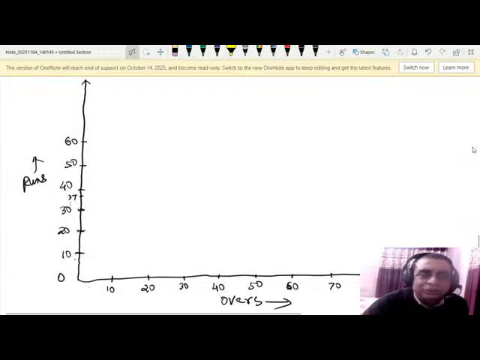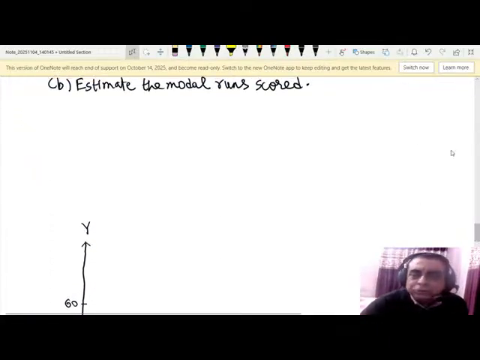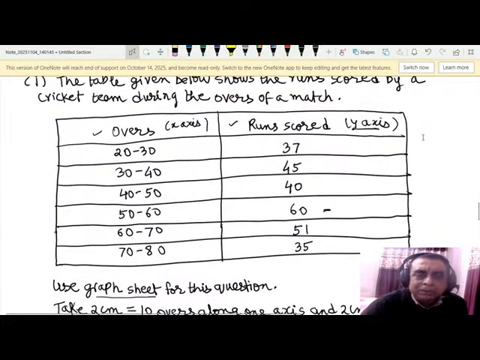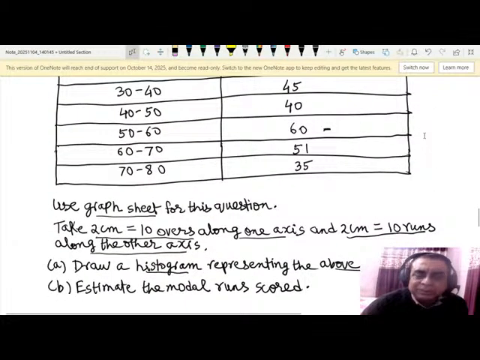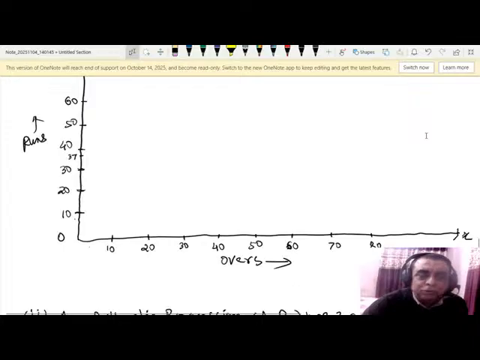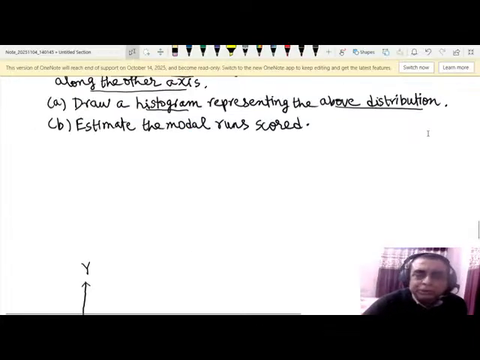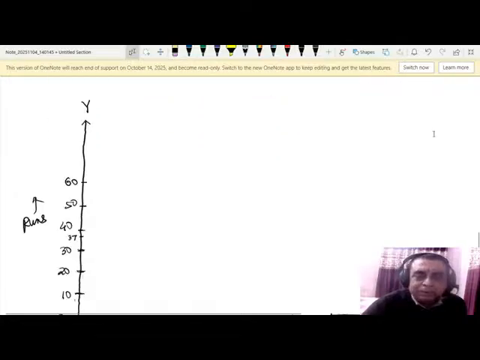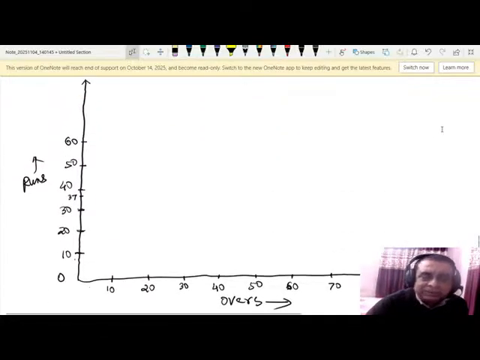So you draw a bar from 20 to 30, a bar of height 37.